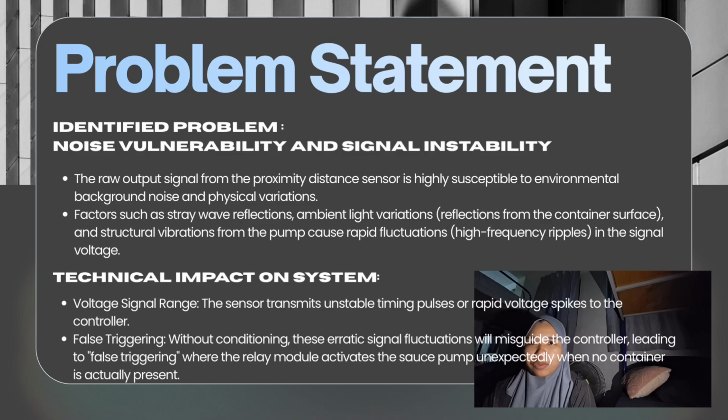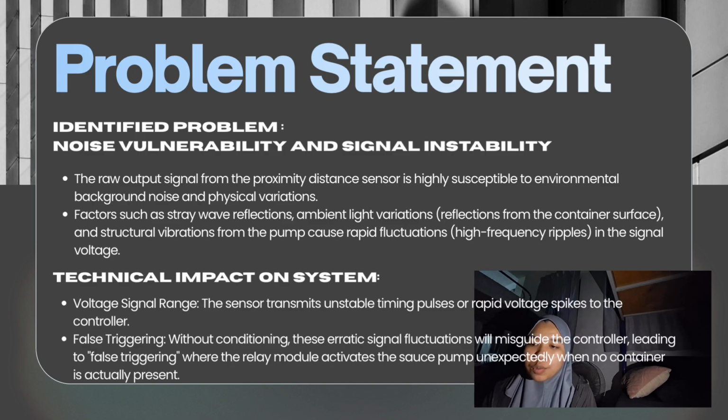The impact if we do not address this problem is, in terms of voltage signal range, the sensor will transmit unstable timing pulses or rapid voltage spikes to the controller.